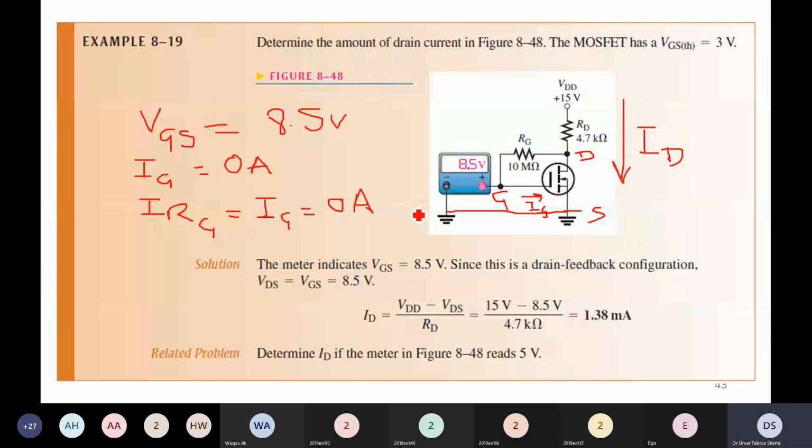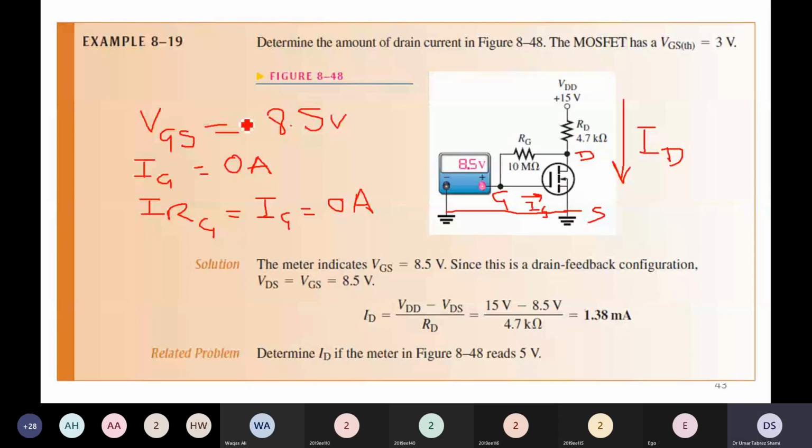Gate current is 0 because when we look at the construction of the MOSFET, there is a large silicon oxide insulation between gate and source. This is from the construction. If there is very large insulation between gate and source, this means that there is too much resistance between gate and source, such that almost zero current flows from gate to source.